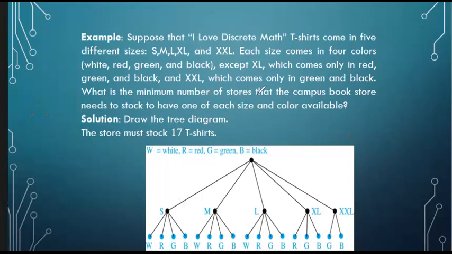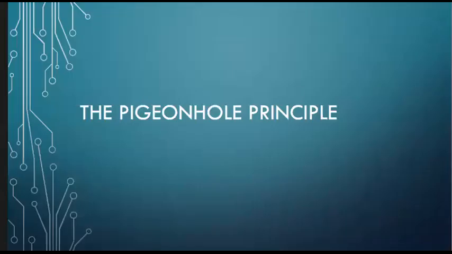Next we have a principle which is known as the pigeonhole principle. Let's suppose that we have a flock of 20 pigeons that flies into a set of 19 pigeonholes.